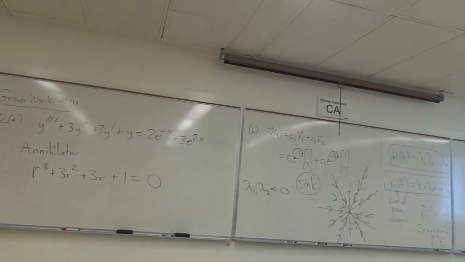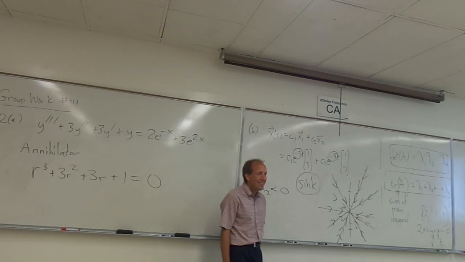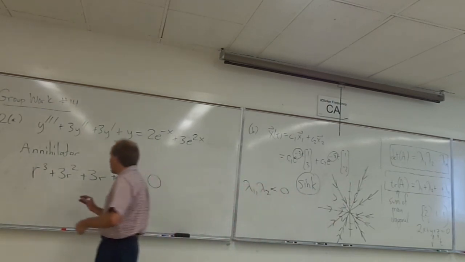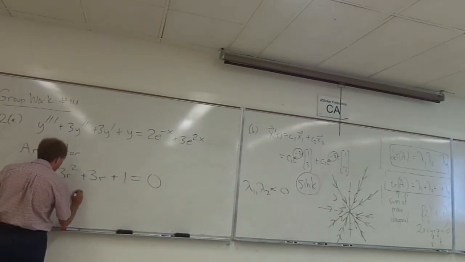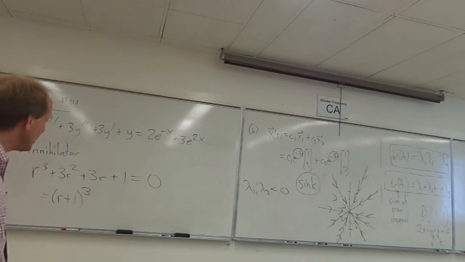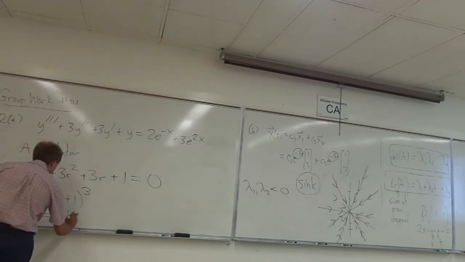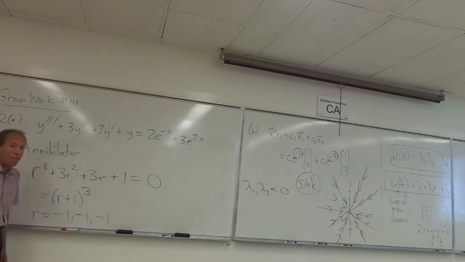I expect everybody to be able to do quadratics, because you have the quadratic formula. This one's not quadratic, but does anybody recognize it? It's actually (r plus 1) cubed. If you triple FOIL that out, you get exactly the polynomial in front of it. And so the roots are -1, -1, and -1.